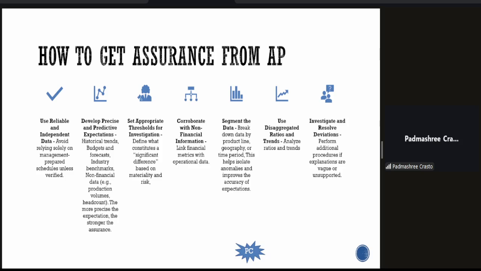And then step six is, if there is an explanation that is not supporting the reasonability, investigate, document and close. Then only your analytical procedure is complete. So mostly, you can do the substantive analytical procedure in this fashion to actually get and maximize assurance from analytical procedure.